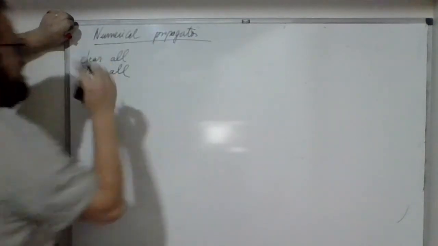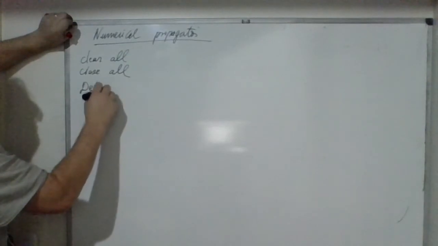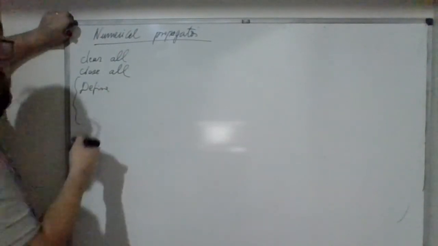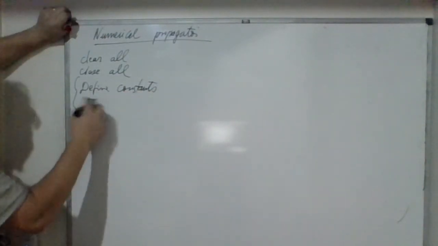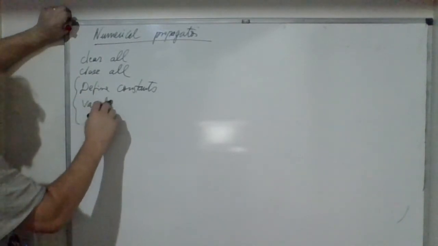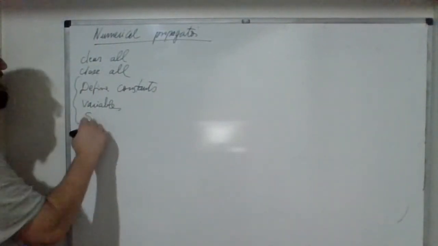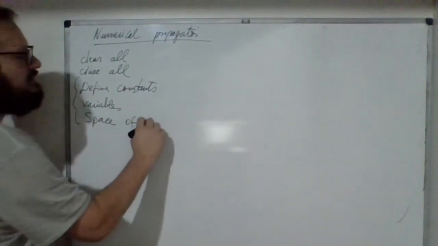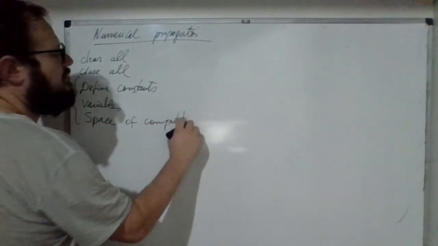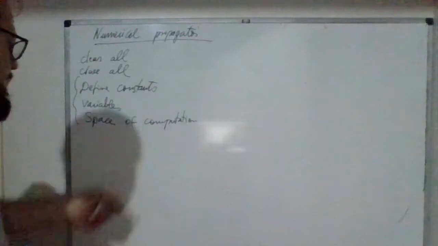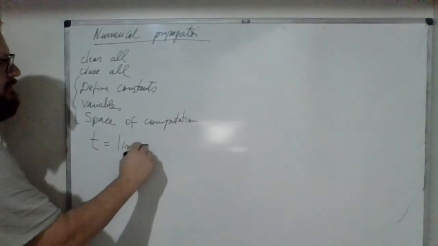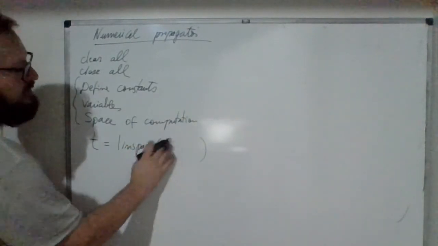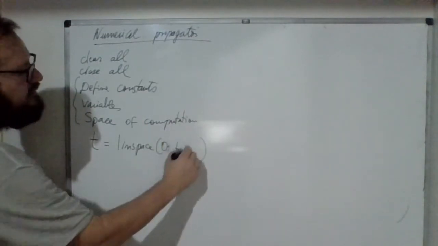All right. So you need to define a part where you define constants, where you define variables, and define the time and the space of numerical calculation. So you need to set some t equal to linspace from some initial, suppose 0, to the final time of computation.